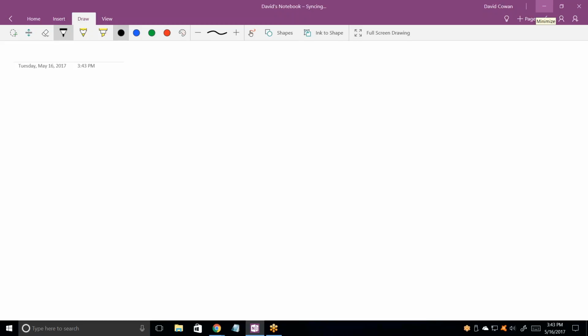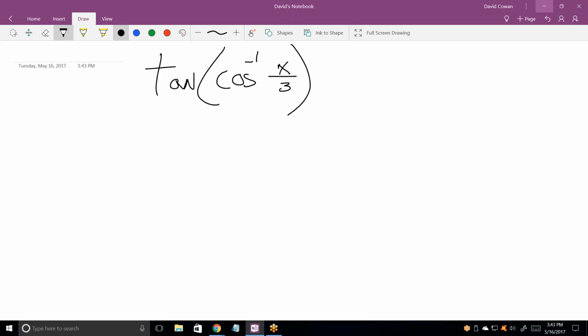The next one, and this is actually the last thing, it wants us to write an algebraic expression that is equivalent to the expression. And the expression is tan of arc cosine x/3. What am I going to do as a first step here?